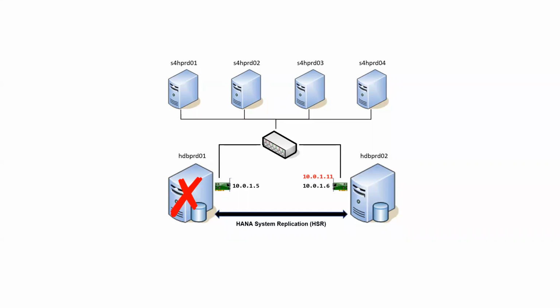Maybe the network cable has been disconnected, so the system and the database are still running on the primary system, everything is working, but the application servers are not able to connect to the primary node because of the network failure. The first node is still running.